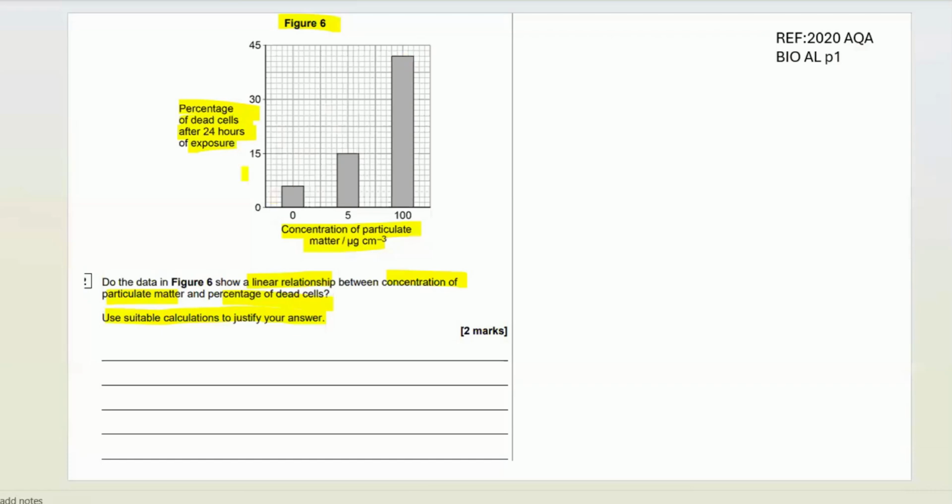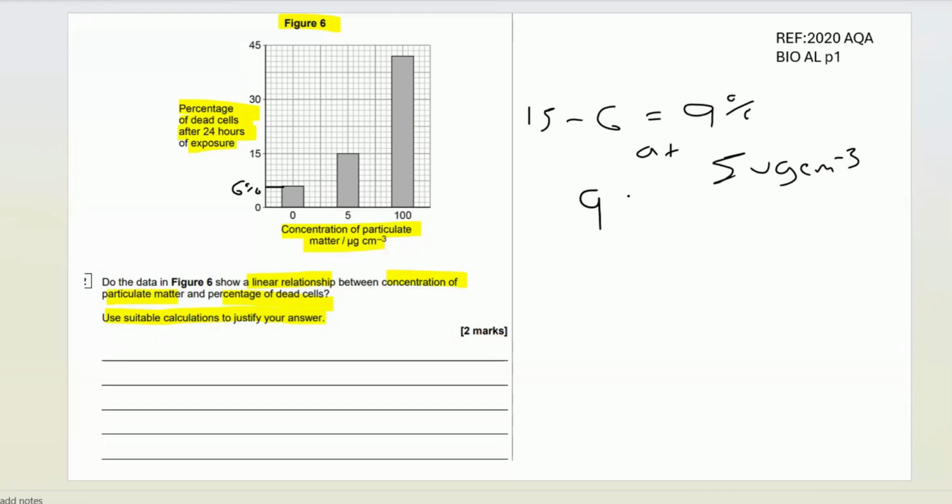We can see that as you increase the concentration of particulate matter, the percentage of dead cells increases too. However, it's not linear. Now we need to justify this. First of all, when there's zero particulate matter, the percentage of dead cells is 6%. So we need to realize that there's 9% when we're looking at the 5 microgram concentration.